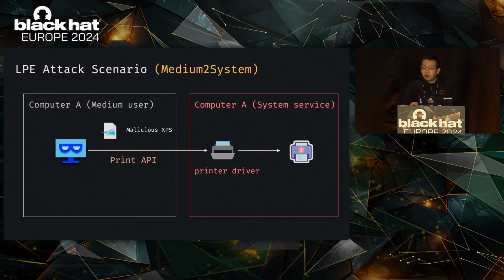It allows the local user to elevate their privilege to the system level. The attacker will use a print API to send malicious XPS to the print drivers. When the driver renders these evil XPS files, it will be exploited, then get the system privilege.